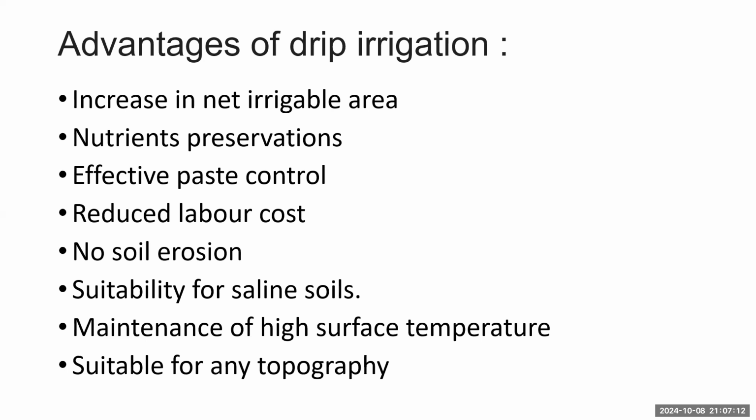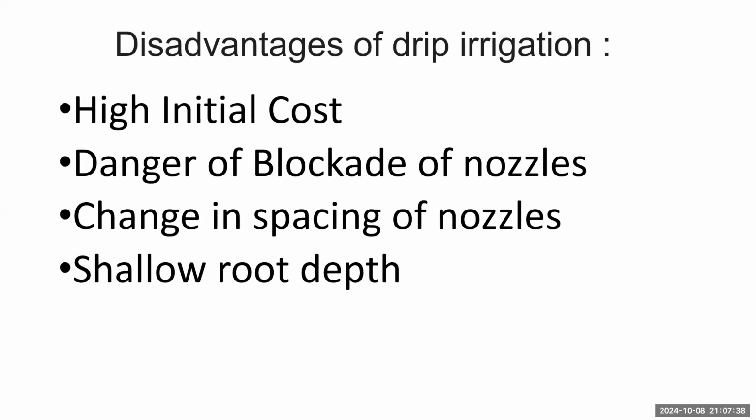Maintenance of high surface temperature is possible, which is required for weed control, as water is applied in the root zone. That's why the entire area is not cooled. So it is possible to maintain high surface temperature. Then it is suitable for any topography as water is applied under pressure. That's why it is suitable for any topography.